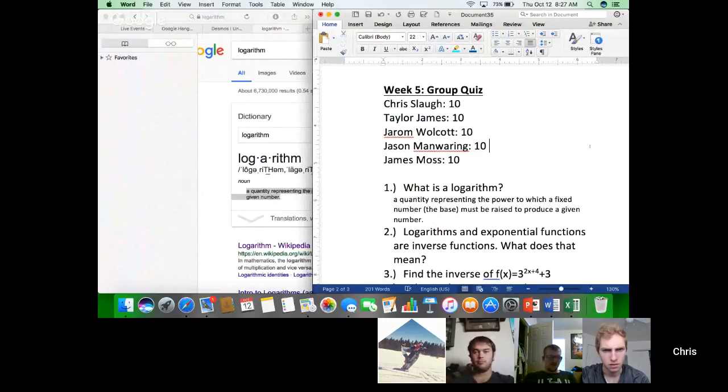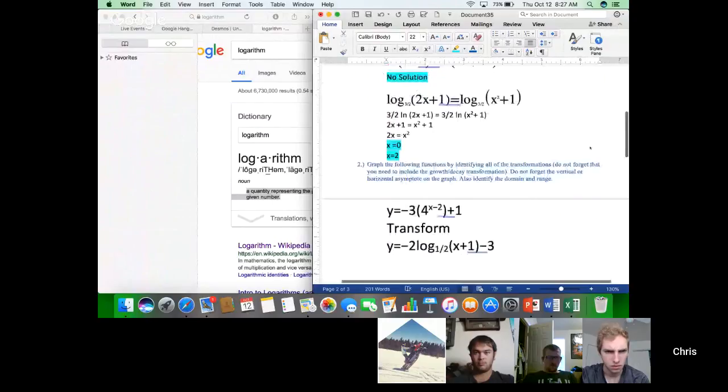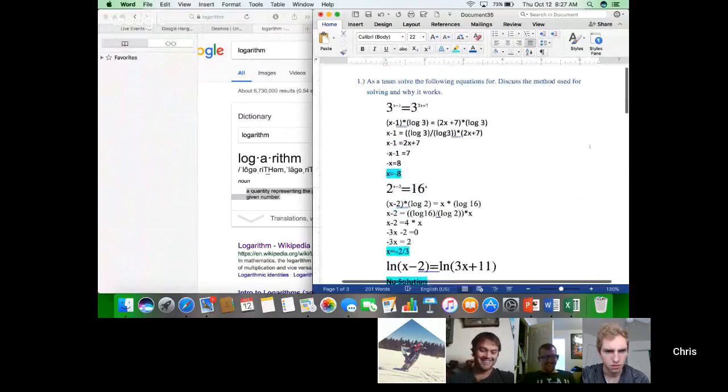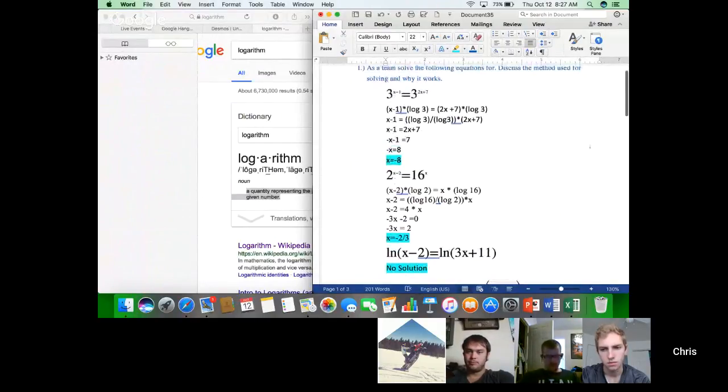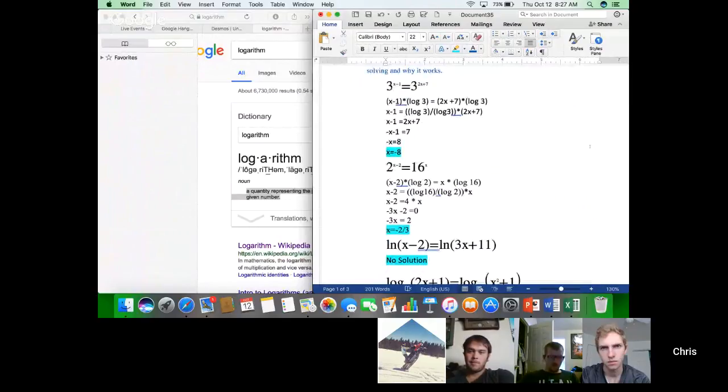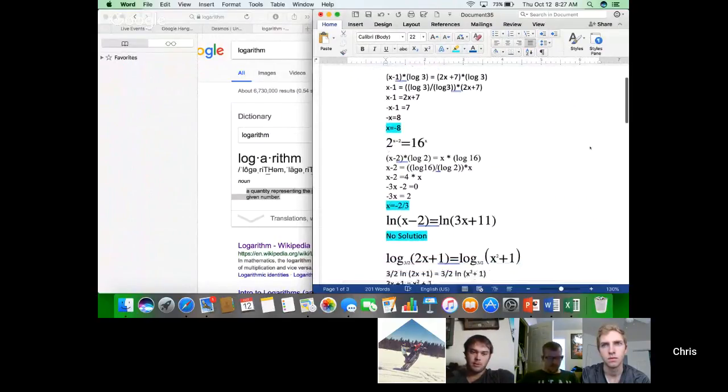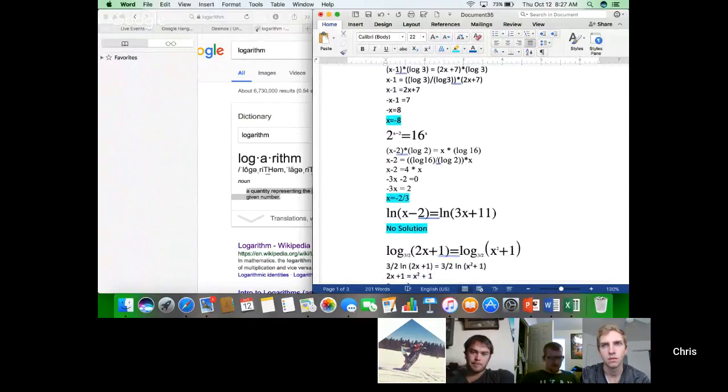So in order to get an answer, you raise your equation by a certain number, in which case that would be the base. Meaning that in order to get the quantity that you need, you have to raise it to a certain power.